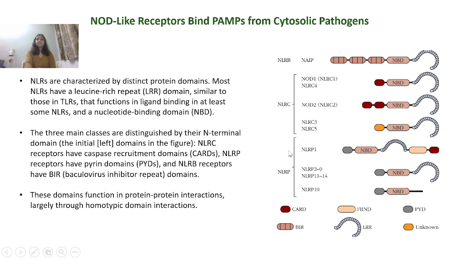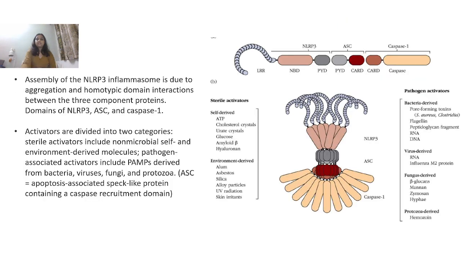Here NLRP1, P2, P9, these are the NLRP family, having this NBD or nucleotide binding domain and this pyrin domain. This is the NLRP3 NOD-like receptor. Apart from that, it is interacting with the caspase, as I told already. Caspase has a CARD domain.